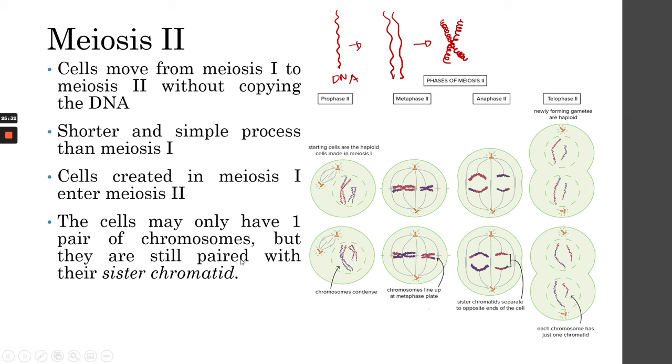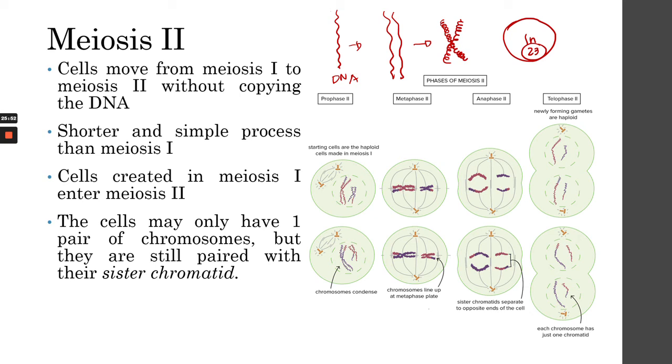Okay, so the cell created now after meiosis 1 is only 1n. It means there are only 23 chromosomes inside that cell created at meiosis 1. But these 23 are duplicated.